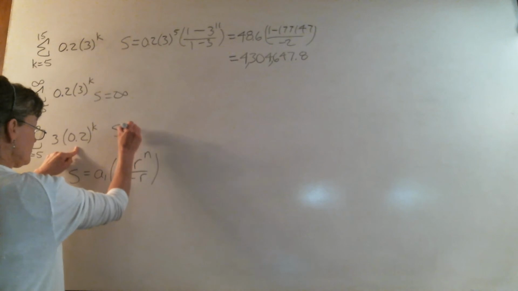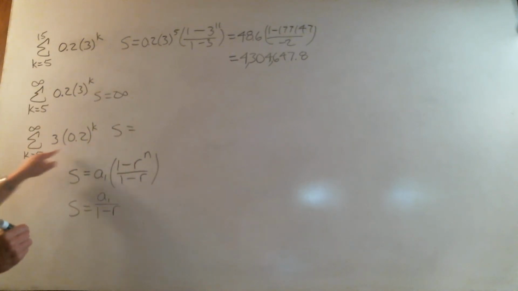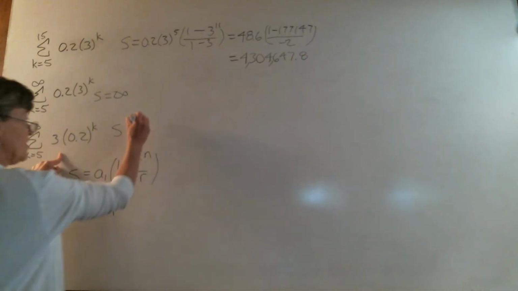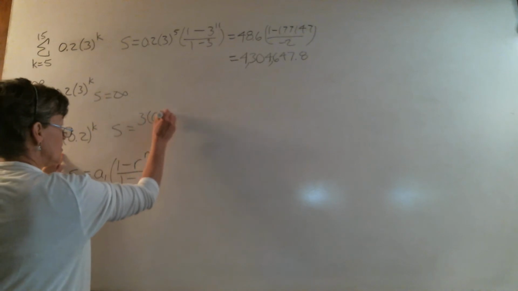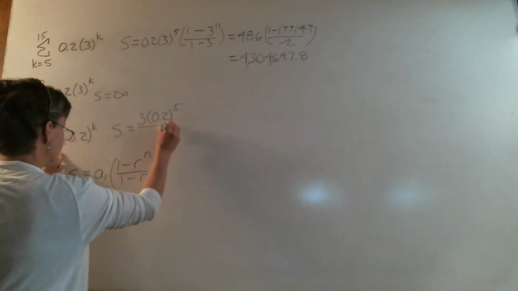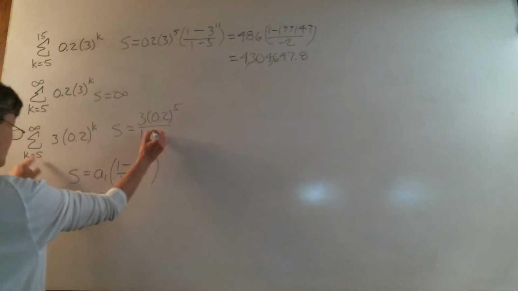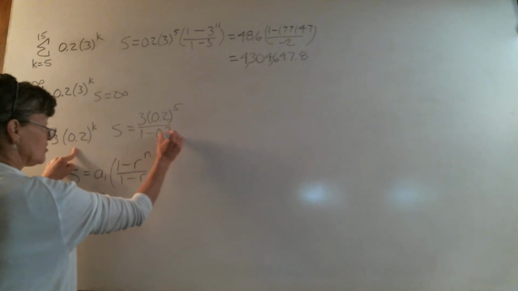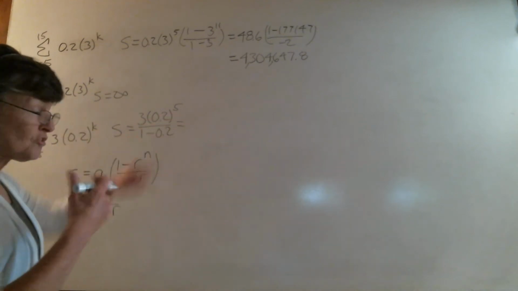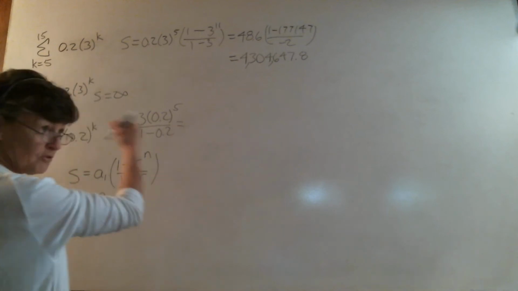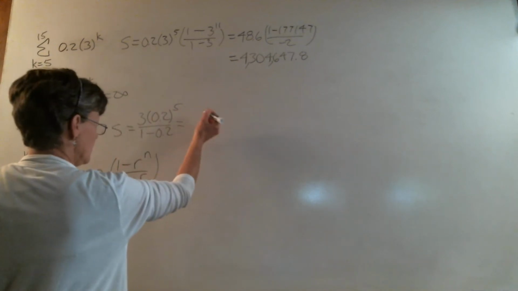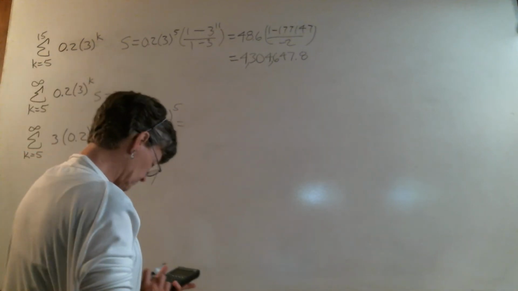So my first term, of course, is when k is 5. So we've got 3 times 0.2 to the 5th over 1 minus, my r in this case is 0.2. Well, 2 to the 5th is 32, but we're going to have to move the decimal over 5 places, and then multiply that by 3.